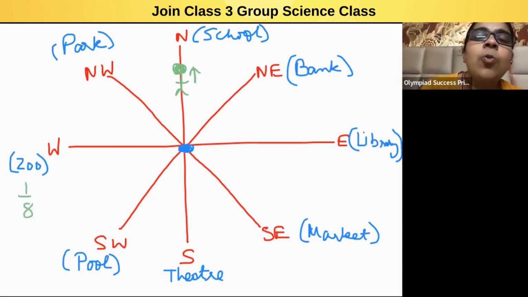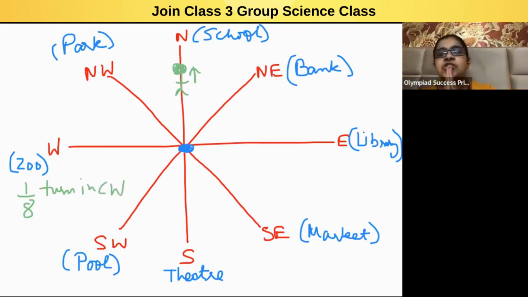I repeat, 1/8 turn in clockwise direction. Where will you reach? Name the place in the chat. If you are facing towards the school and taking a 1/8 turn in the clockwise direction, name me the place, Vanya.